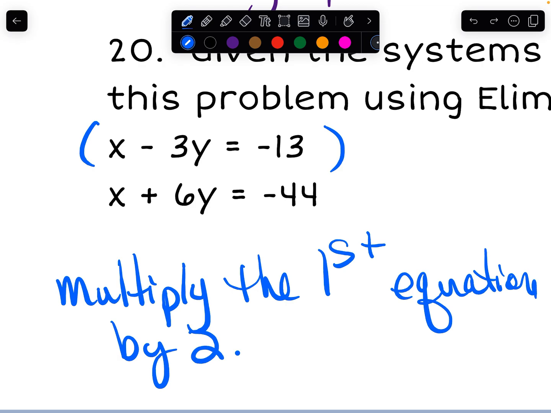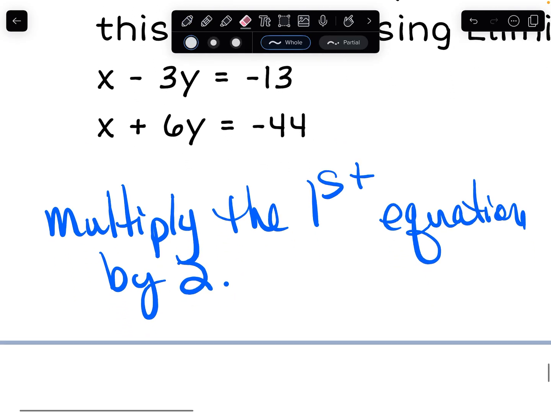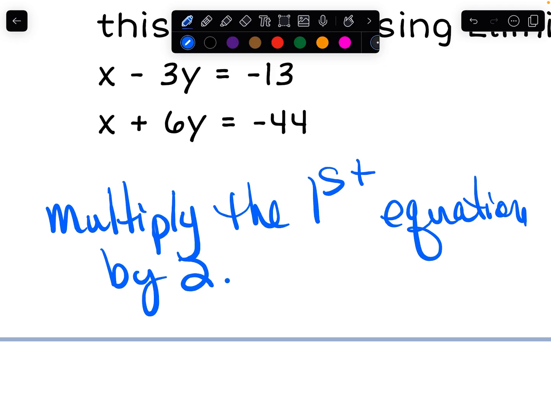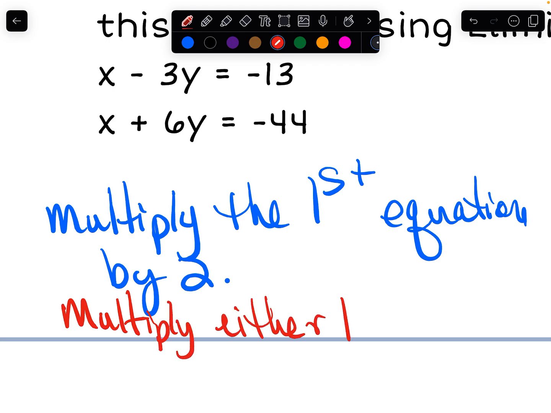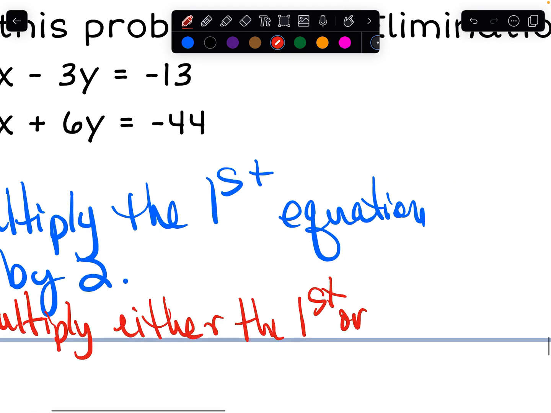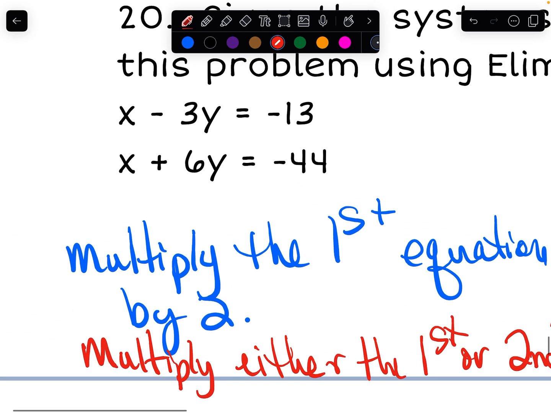Then I could also, there's actually 3 on this one, I could also multiply either the first or second by -1, because then if I multiplied by -1, the x's would cancel out.